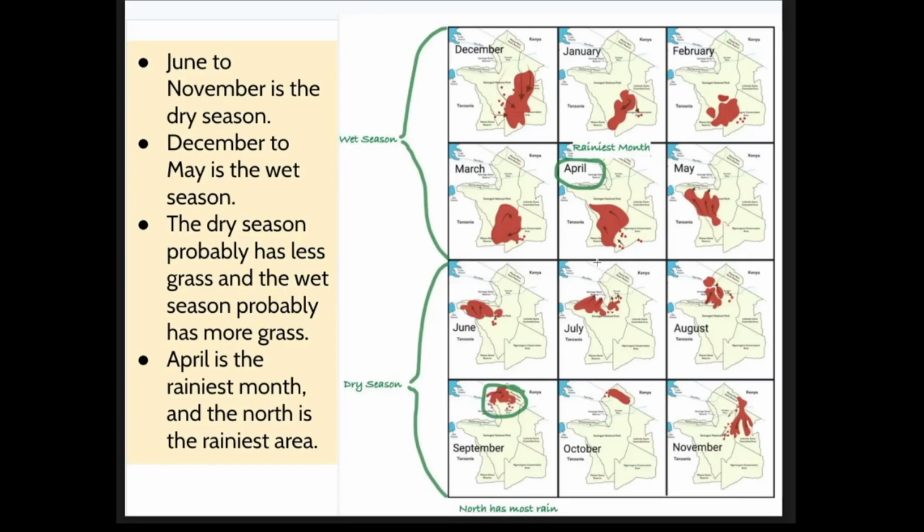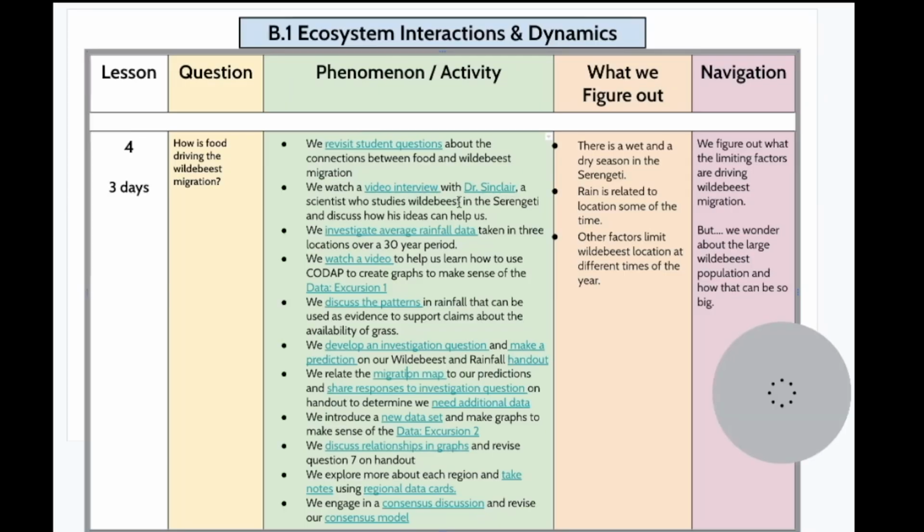And so often students will suggest that they are in the rainiest area that's up at the north, but actually they're in the south. And so their predictions are generally wrong. It just depends on what they said. But most students will think that the wildebeest will be in the rainiest area with the most rain.